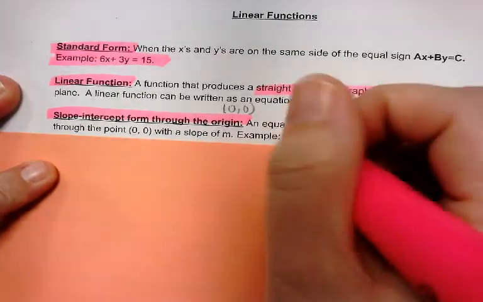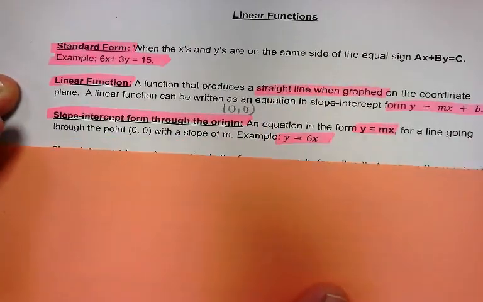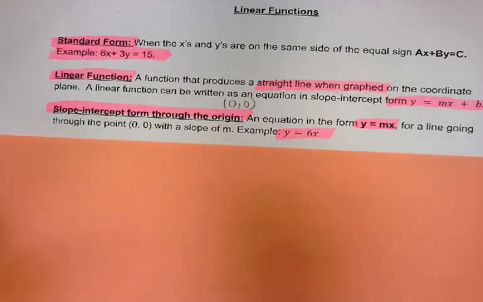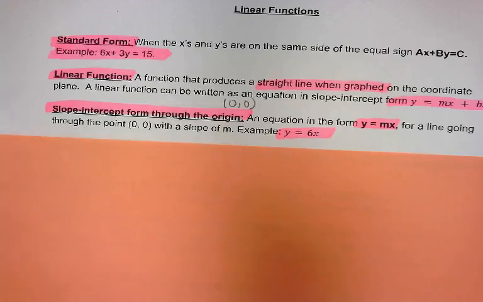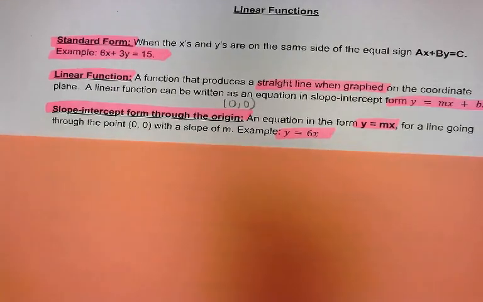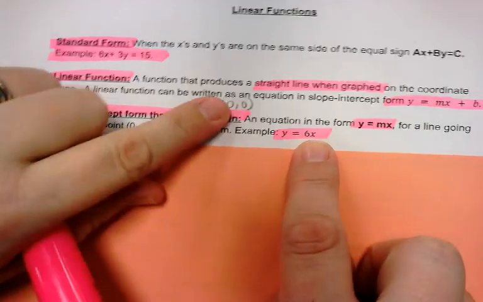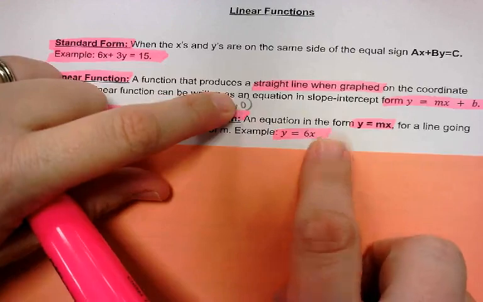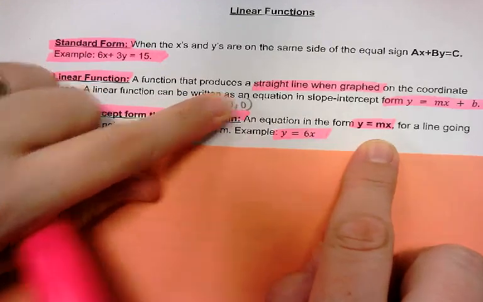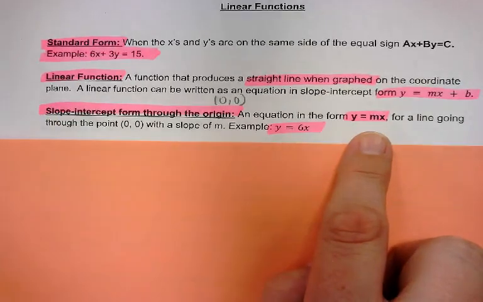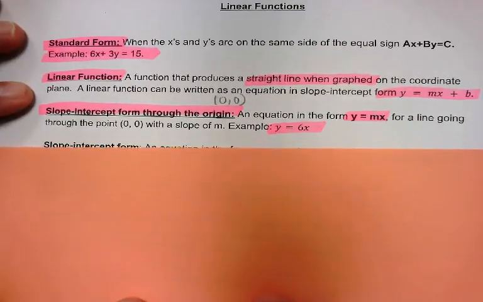An example of that is y equals 6x. We will get more into looking at our equations. If you notice, it doesn't have a b, and that is because it goes through the origin, which is 0, 0. So if you put a plus 0 here, you would know that this would be a linear equation that goes through the origin.